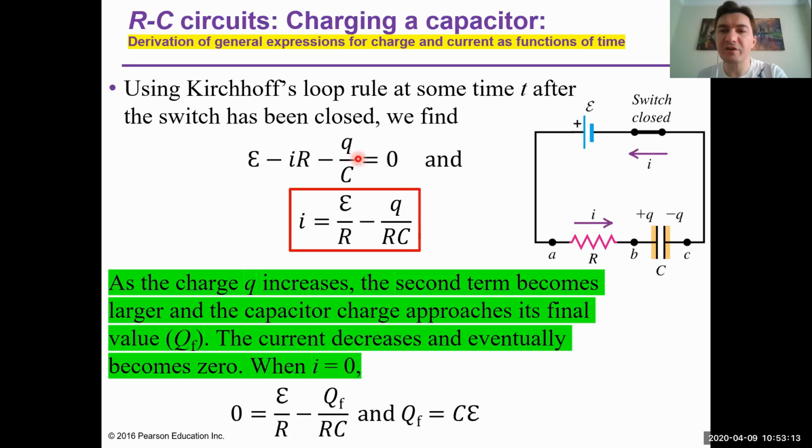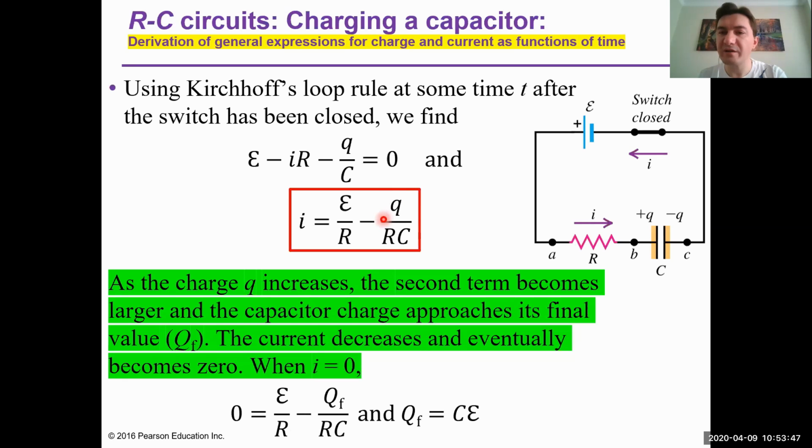So what is the potential difference here? Q over C. And if I take the current from that expression, finally I get the current like this: EMF over R minus Q over RC. What you see here is that EMF is constant, the resistance of the resistor is constant, the capacitance is constant, but Q is not constant.